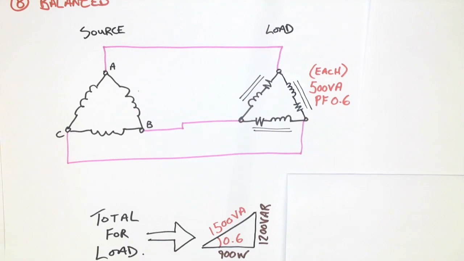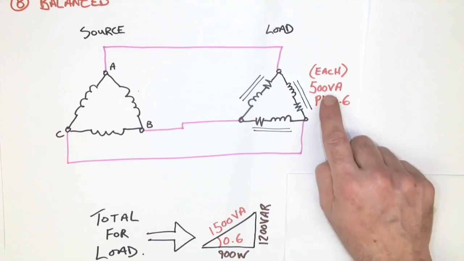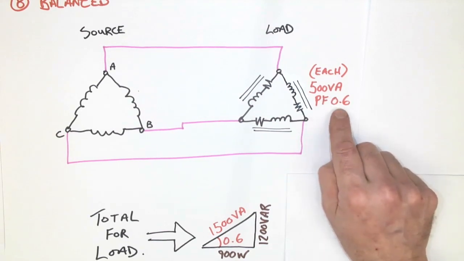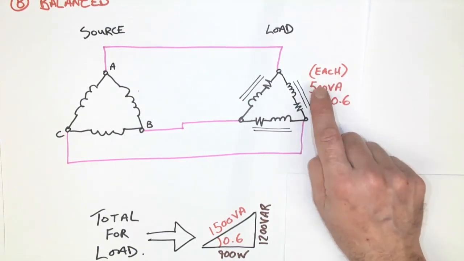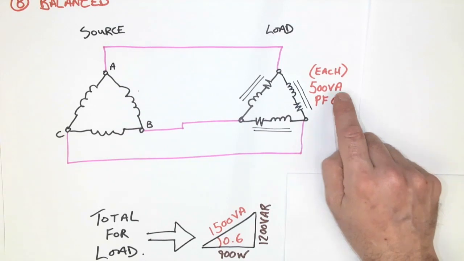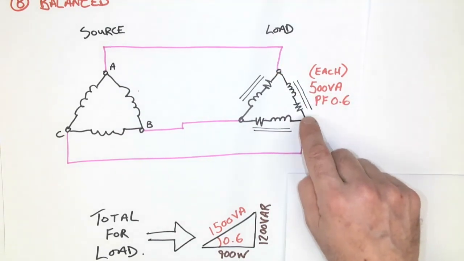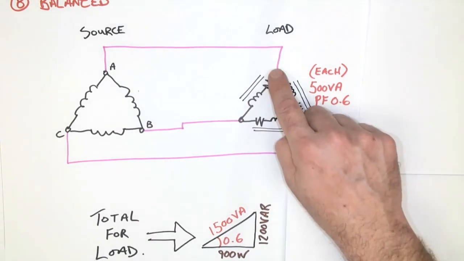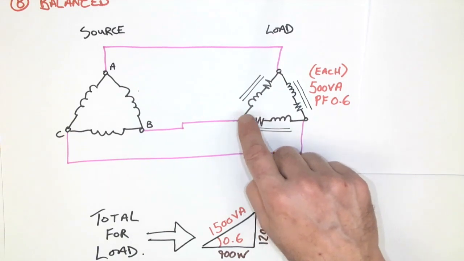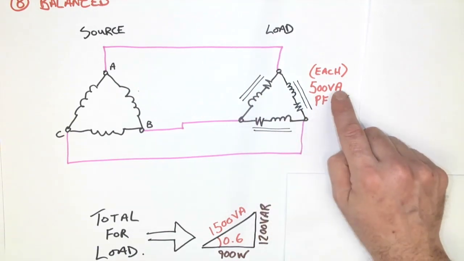All we gave you was 500 VA with a power factor of 0.6. If we then took this and applied the 0.6 to the 500 VA, we could work out what the horizontal and vertical was for this one individual leg of the delta load. Another method to look at would be simply that it is balanced, and since it's balanced, we can add the VAs directly.